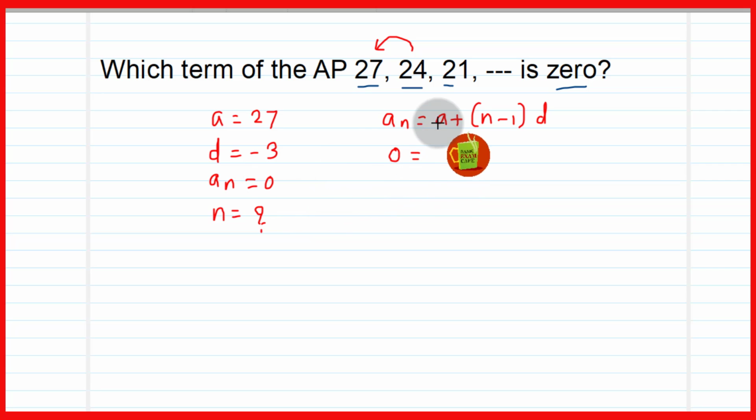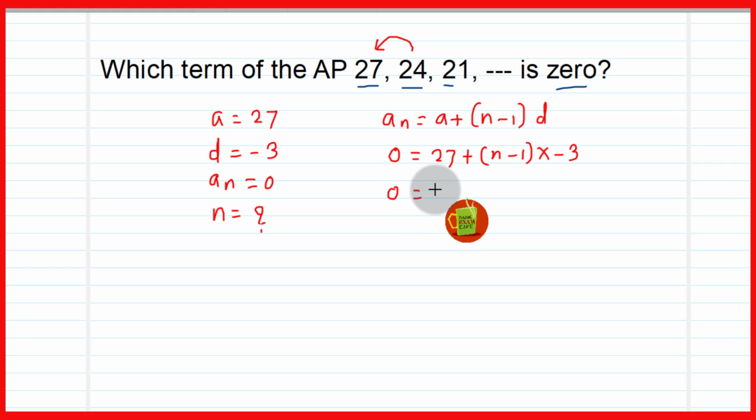Here an is 0. So 0 is equal to a, which is 27, so it is 27 plus (n minus 1) into d, which is minus 3. So multiplied by minus 3.